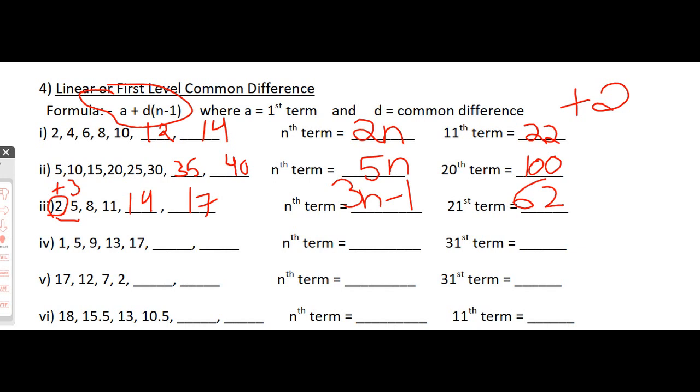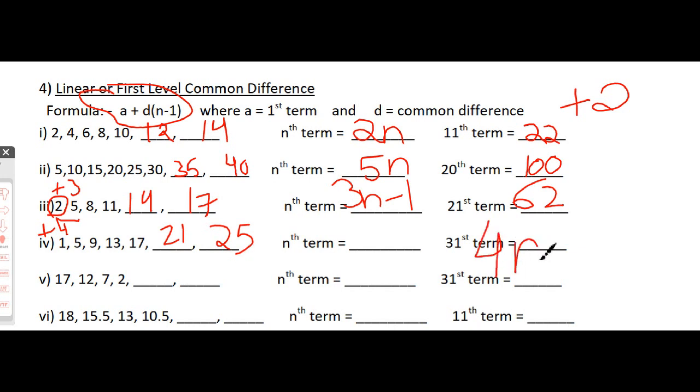Okay, so part 4, what is happening? How is 1 changing into 5 by adding 4? How is 5 changing into 9 by adding 4, and so on. So after 17 I'll have 17 plus 4, 21, and after 21 I'll have 21 plus 4, 25. Now the nth term will be, the common difference is 4, so I directly write 4n.